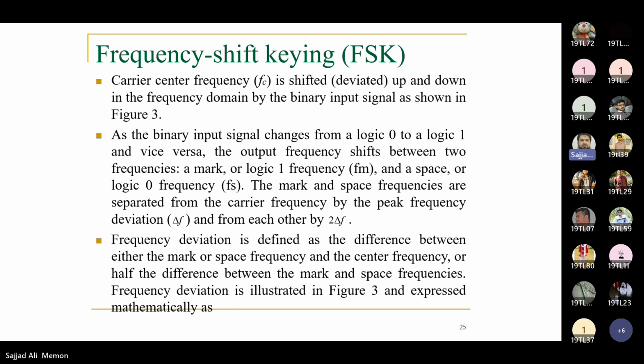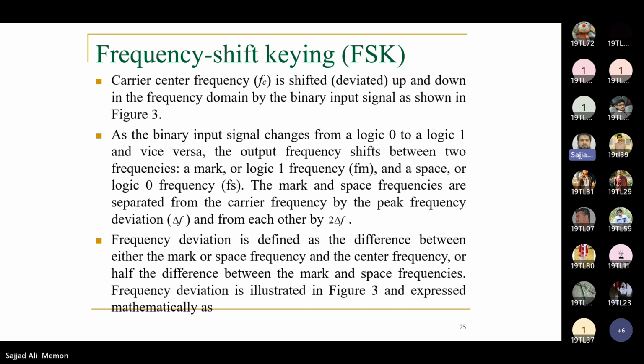As the binary input signal changes from a logic 0 to logic 1 and vice versa, the output frequency shifts between two frequencies. We call that a mark, that is the logic 1 frequency, and a space for the logic 0 frequency. The mark and space frequencies are separated from the carrier frequency by the peak frequency deviation of delta f.